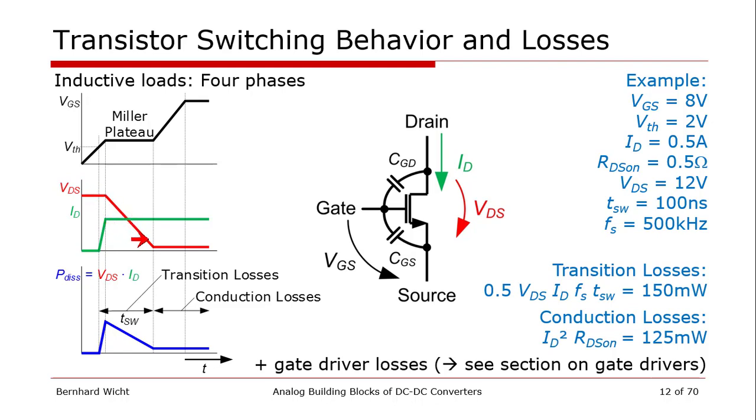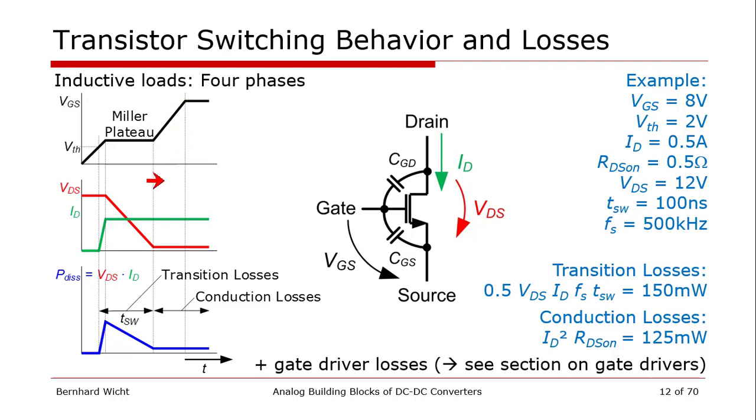And during that transition, almost all current goes into the gate drain capacitance. So we charge the gate drain capacitance, and there is almost no current charging the VGS. That's why the gate source voltage stays almost constant, and that's why we see a Miller plateau during that phase. Once this is done, we ramp up to the final VGS value.